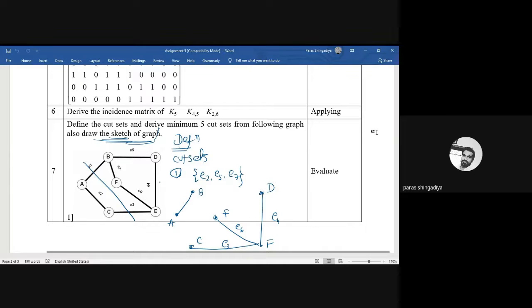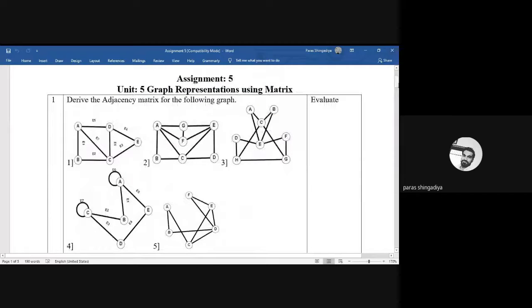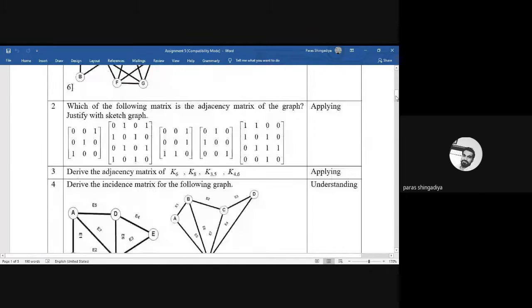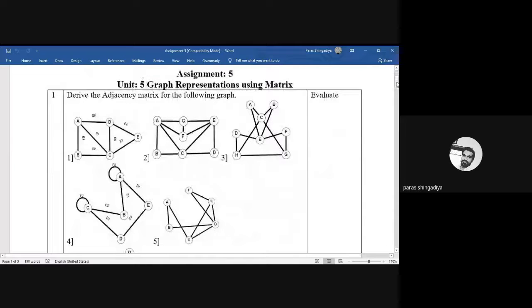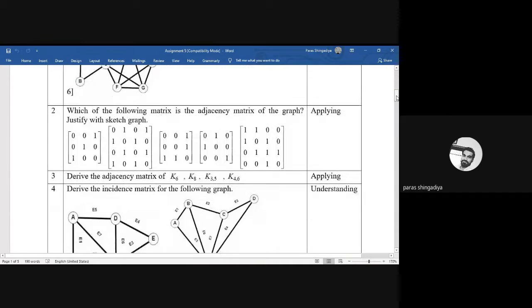So assignment 6 we had discussed in the last lab. Clear? In this assignment number 5, it will be a little new for you, but it's very easy. We'll also revise how we can solve all these examples. So we had finished up to question number 6. Question number 1 is a part of the adjacency matrix: 6 graphs are given and you have to derive the matrix for them. Then in the second one, you have to verify the adjacency matrix and then draw the graph.